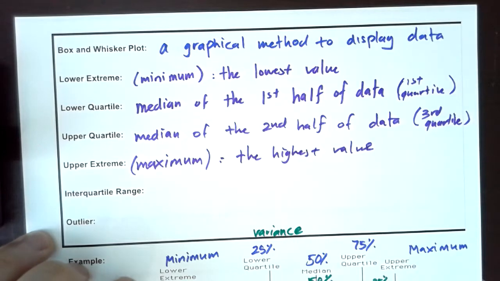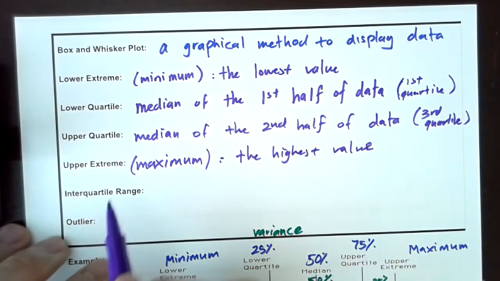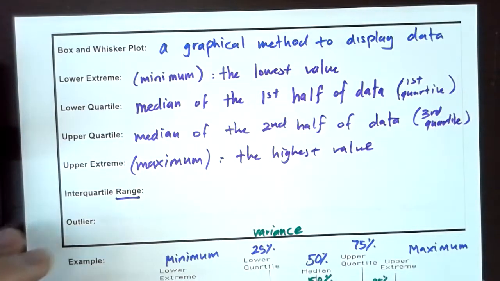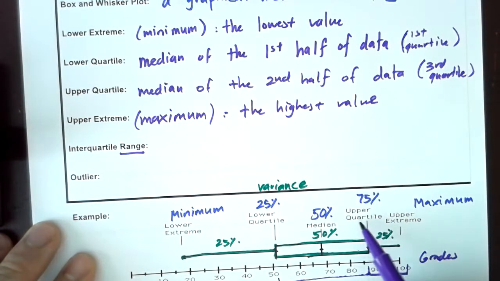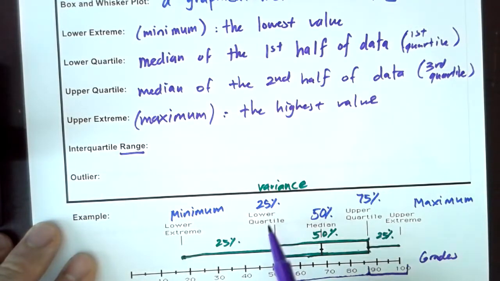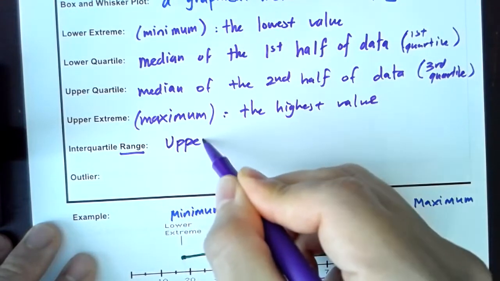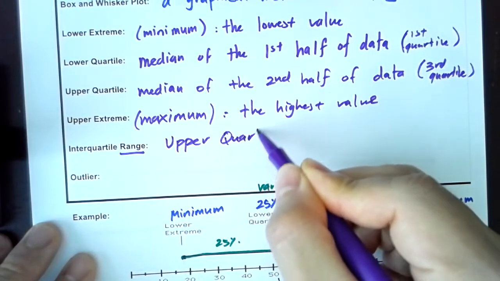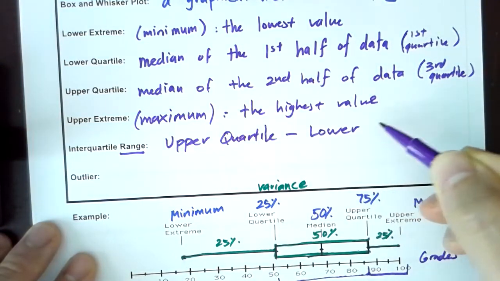And then, this is something we haven't talked about, the interquartile range. We know that range, class, is the difference of the highest and lowest, but the interquartile range is going to be your upper quartile, whatever your value is for the upper quartile, minus the lower quartile.